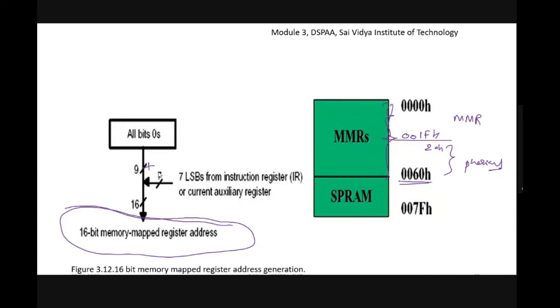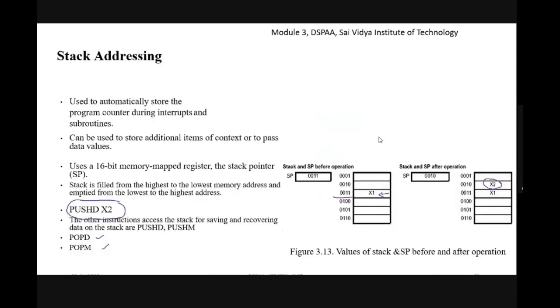All bits are zeros initially, so the 7 LSB bits from the instruction register will be taken. 7 plus 9 together is 16. So the 16-bit memory mapped register address can be easily calculated. Based upon this number, we can easily identify which register we are fetching in the instruction set.